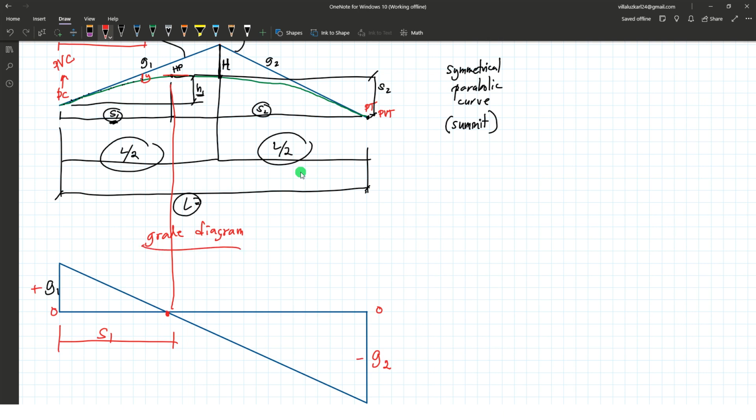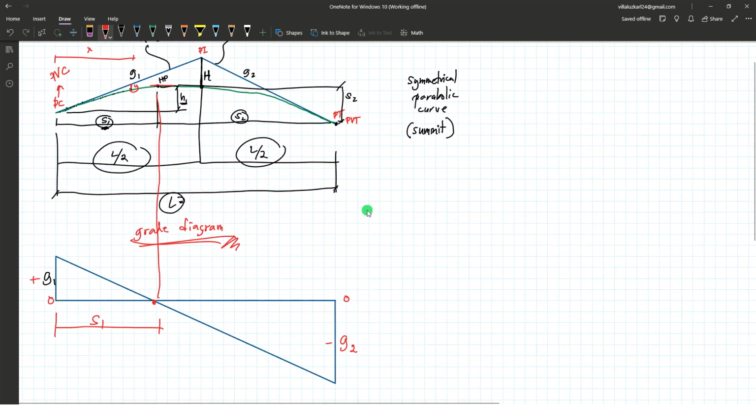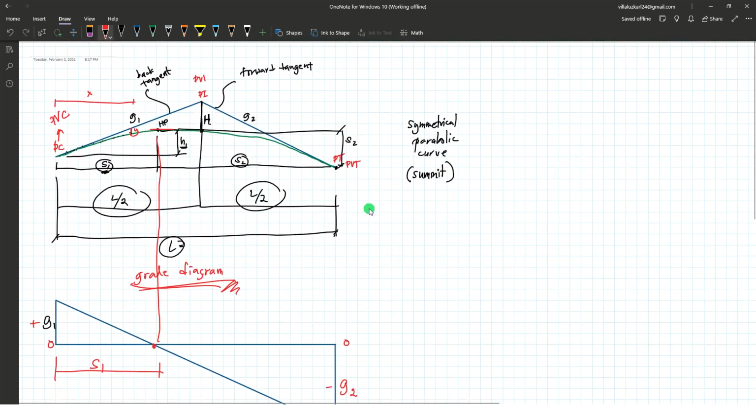This grade diagram here is used in deriving the formulas for determining S1, H1, and that is necessary also in determining the elevation and stationing at any point.